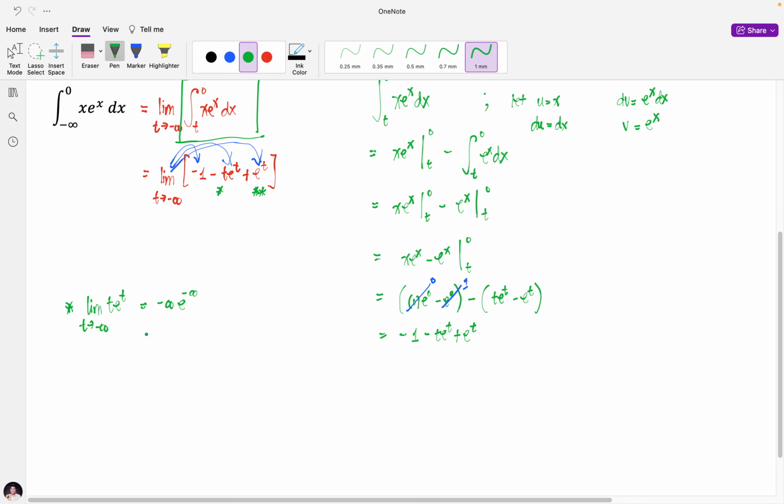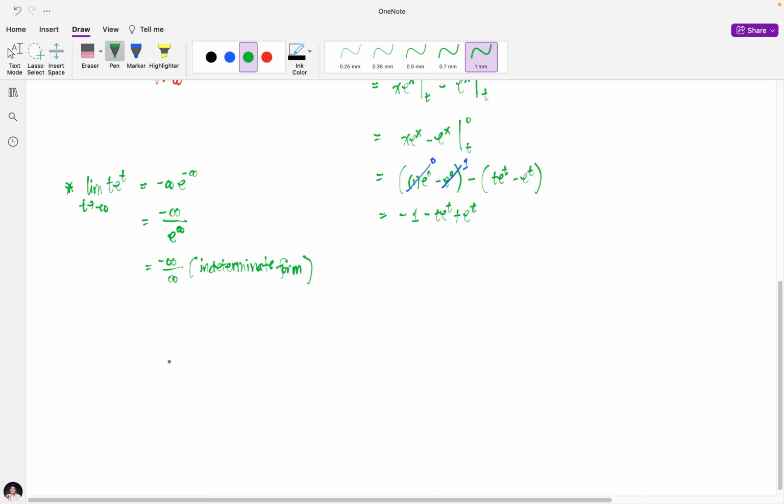And that is just the same as negative infinity over, para maging positive yung exponent, e raised to positive infinity. And e raised to positive infinity will go to infinity. So therefore, we have negative infinity over infinity, which is an indeterminate form. Whenever we have an indeterminate form, we can solve the limit using L'Hopital's rule.